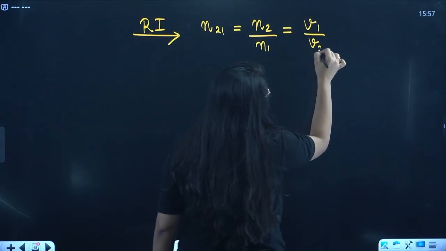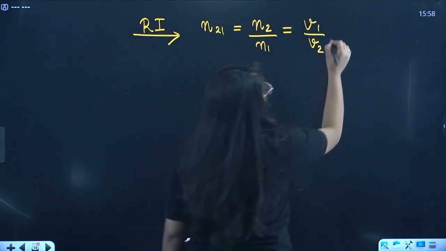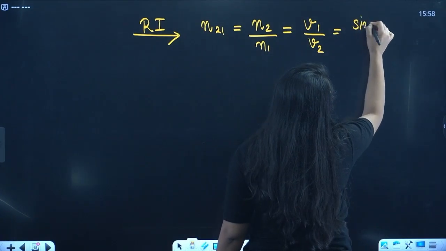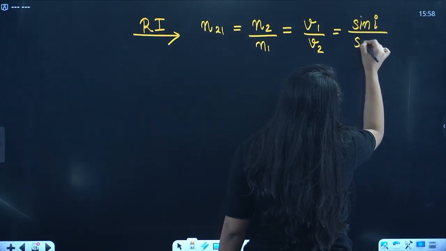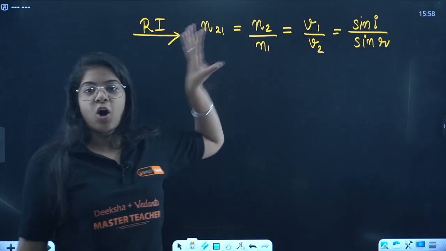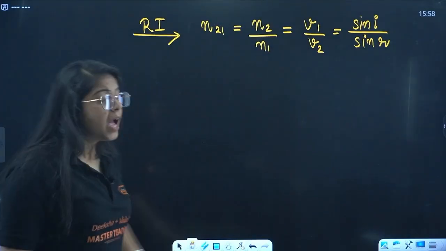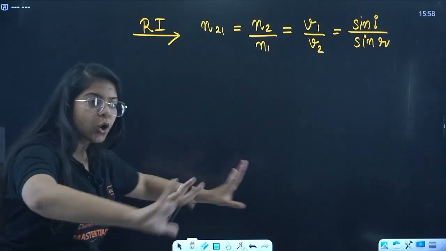That means V1 divided by V2. Okay, and this is also equal to sine of angle of I divided by sine of angle of R. This is the one formula of refractive index that you have to remember for the whole class length. Out of this no question will come.